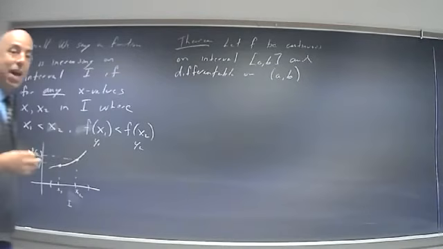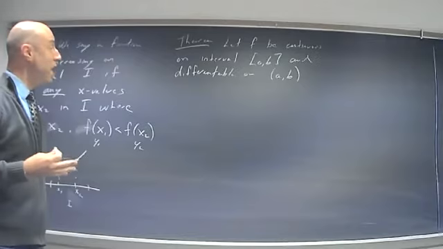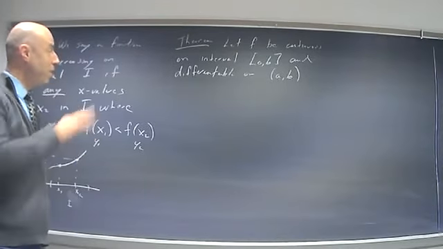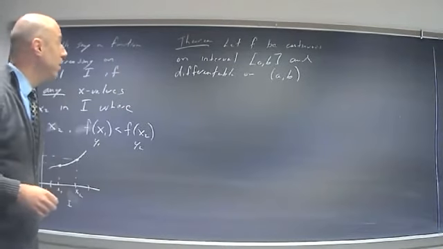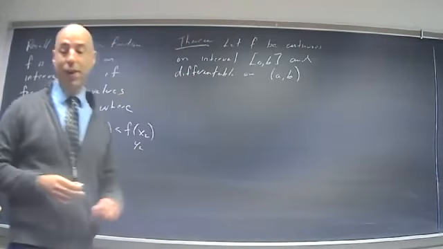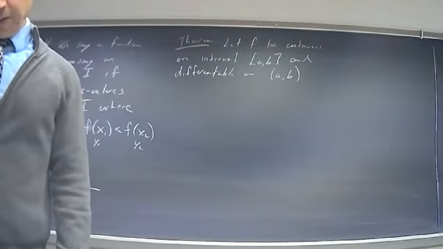So now that you're all veterans of both the extreme value and the mean value theorem, those hypotheses should look familiar. So let f be continuous on the closed interval AB, and differentiable on the open interval AB.